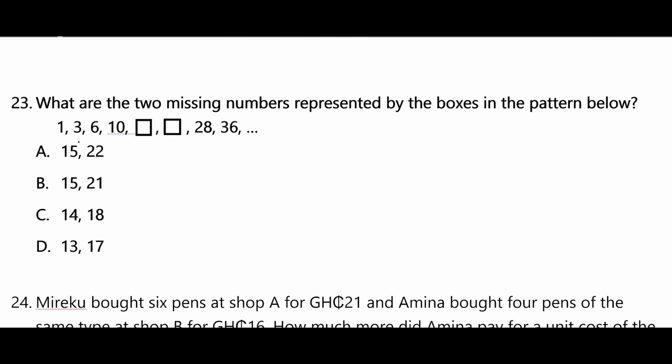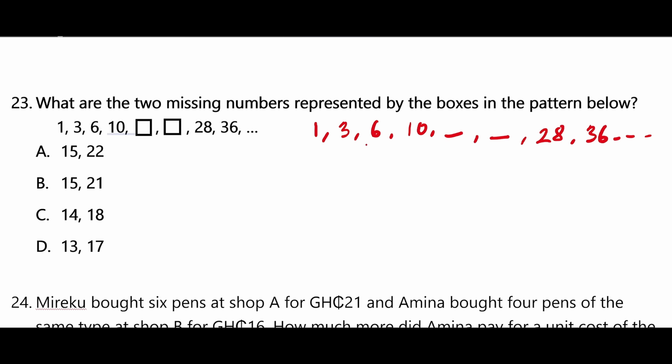Are the numbers increasing or decreasing? You could see that the numbers are increasing. So we have 1, 3, 6, 10, the missing numbers, 28 and 36.